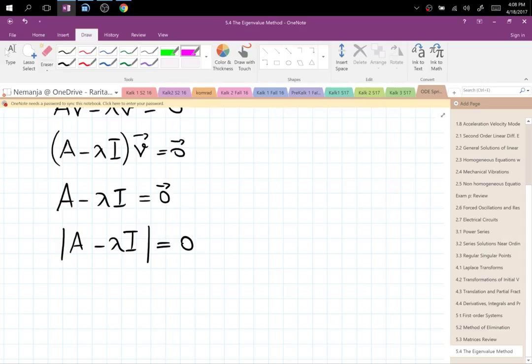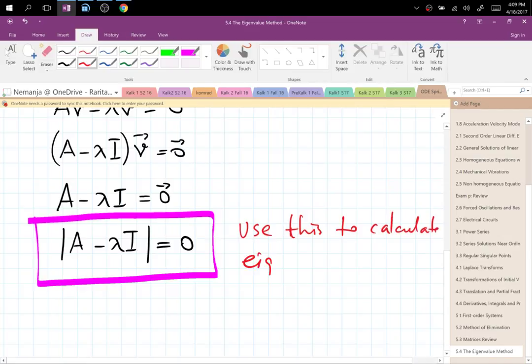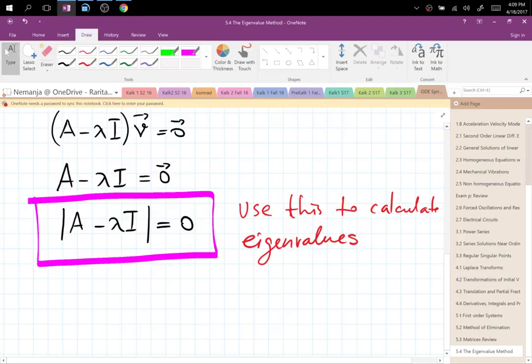So this equation that we just derived is the equation which calculates eigenvalues. So use this to calculate eigenvalues. And then go a few steps back to A minus lambda I times v equals 0.